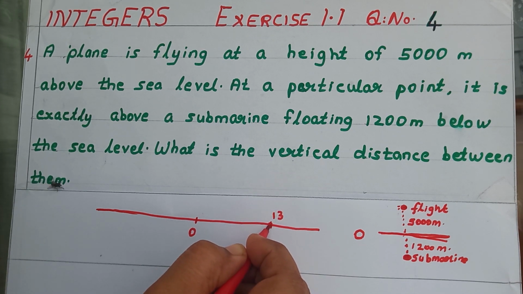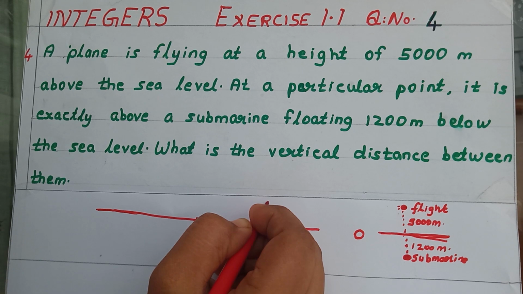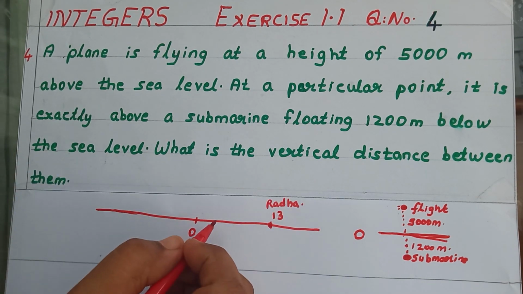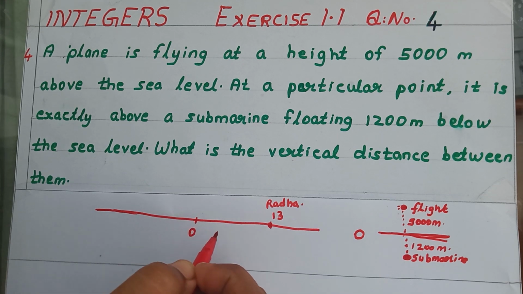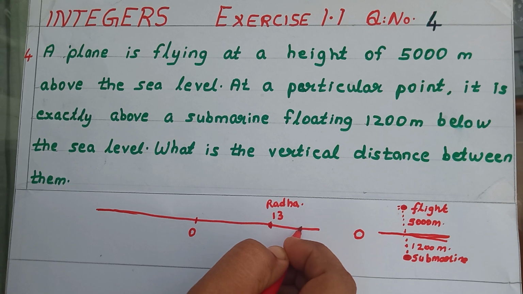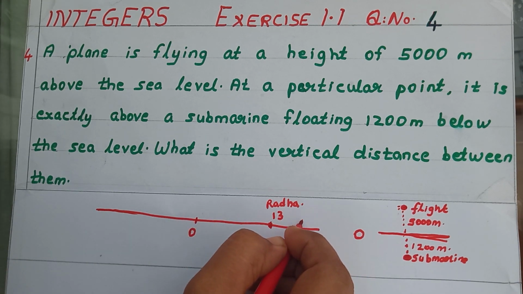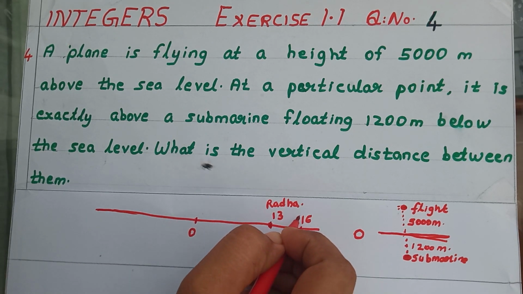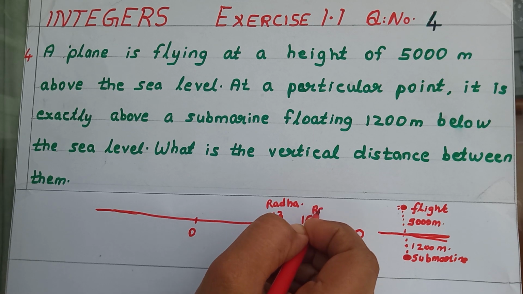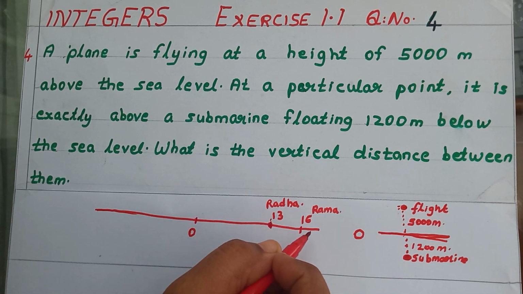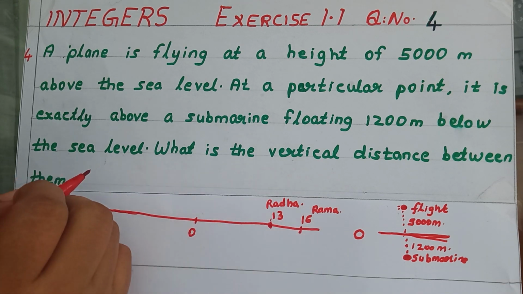So Radha is here and Rama covers 16 kilometer from the point 0. This is Rama. Radha is at the point 13 and Rama is at the point 16.